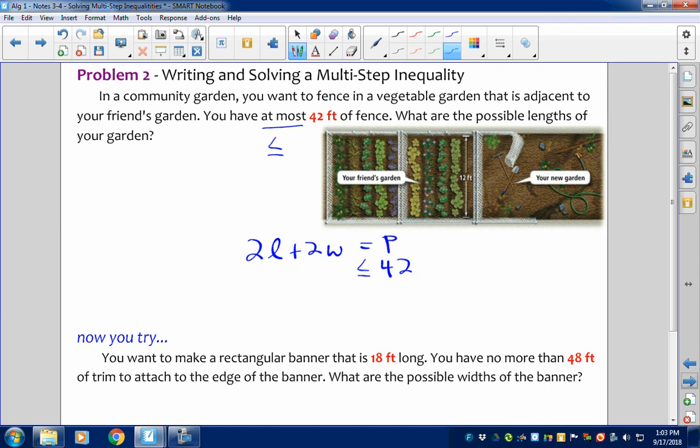And so our length, we're going to figure out what length we could have, or what lengths we could have. It could say plural. It's up to a certain amount. So we have twice the length plus twice the width of 12 has to stay below 42 feet. So I have 2L plus 24 is less than or equal to 42.